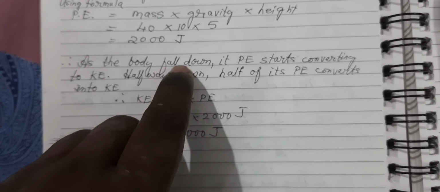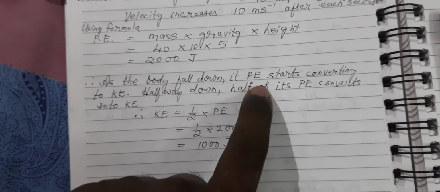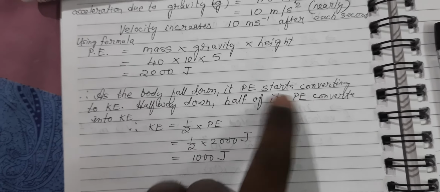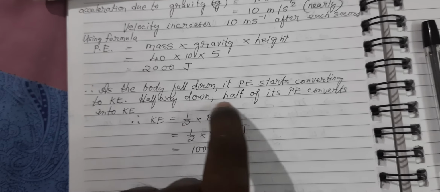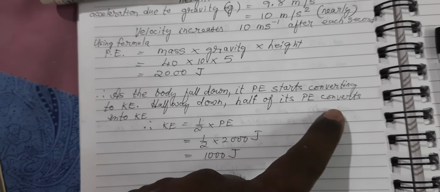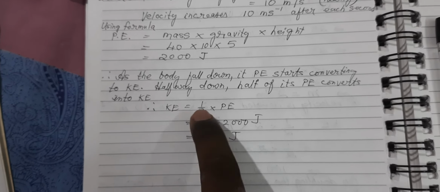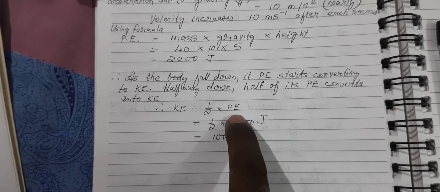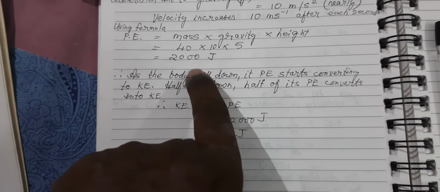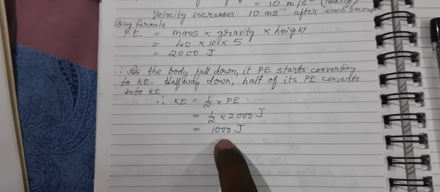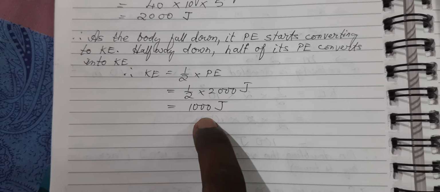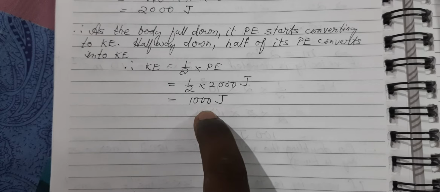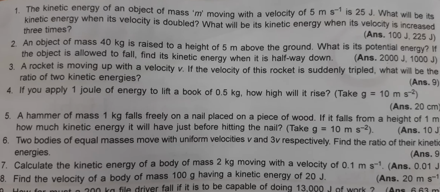As the body falls down, its potential energy starts getting converted to kinetic energy. So halfway down, half of its potential energy will convert to kinetic energy. So how much kinetic energy will be there halfway down? Half of potential energy. Half of 2000 is 1000 joules. So halfway down, only 1000 joules would have converted from potential to kinetic energy.